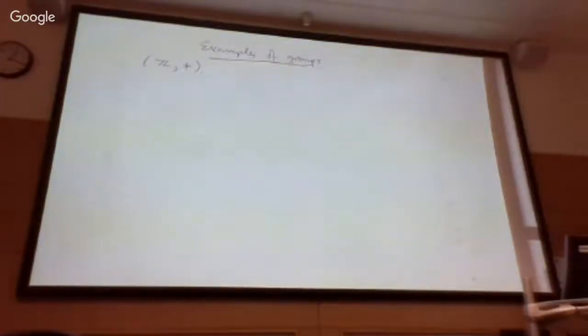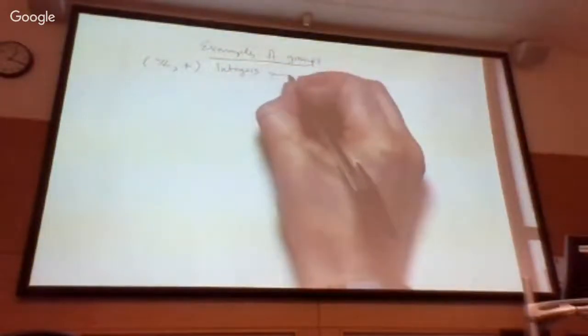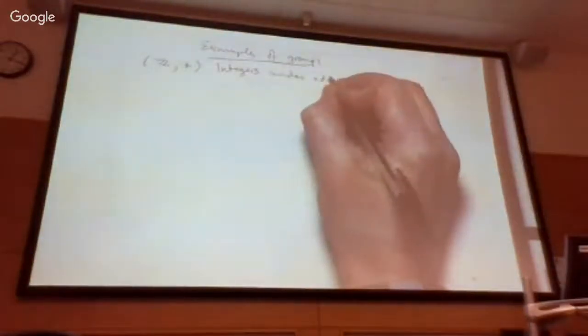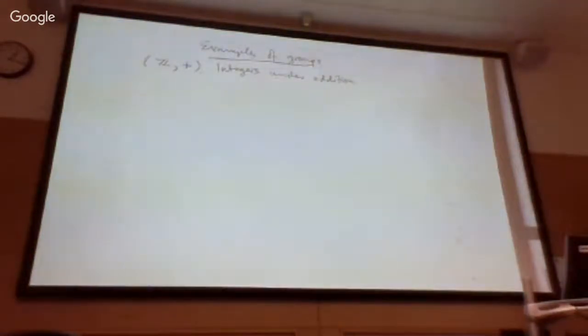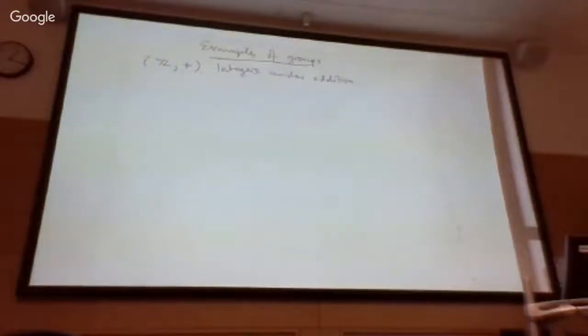So I guess the most immediately accessible example of a group would be the integers under addition. So you've been familiar with this for a long time, ever since primary school. If you think about the four axioms, we should just satisfy ourselves or confirm for ourselves that this system does satisfy the four group axioms.